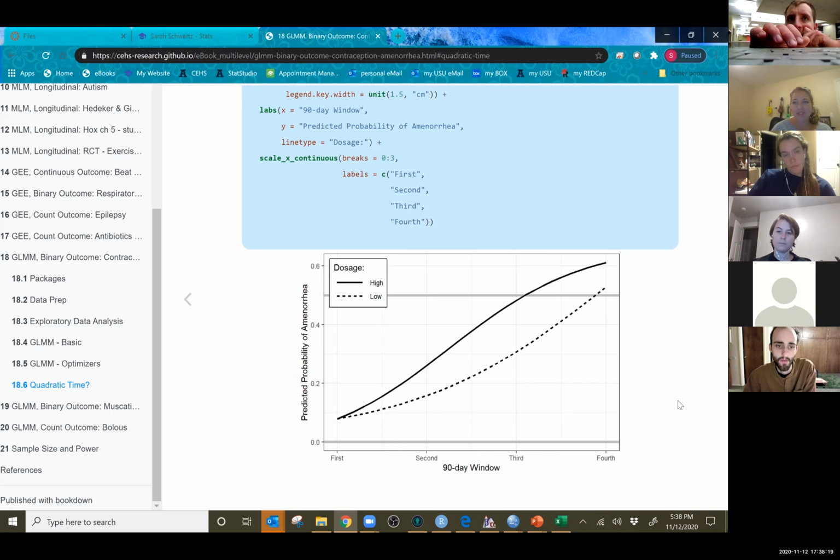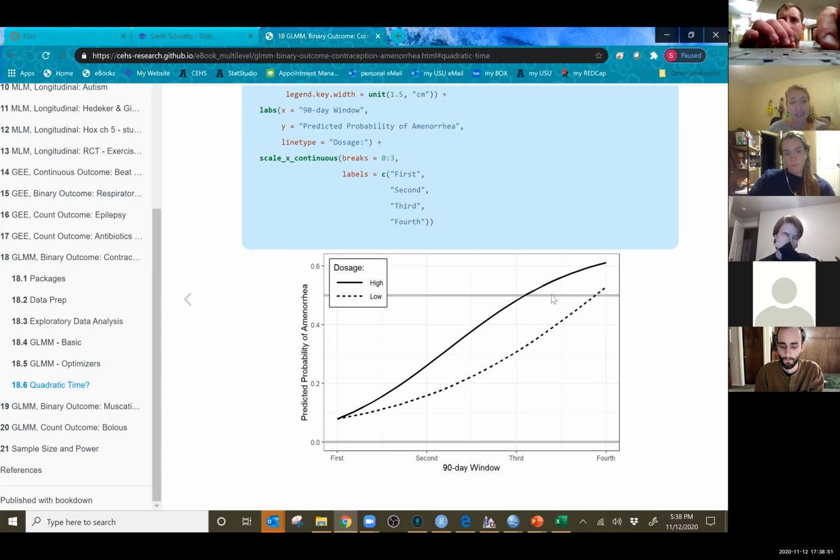From what I remember before, you see an interesting sort of split in the middle there. I think that this dotted line, the low dose, is crossing the 50% threshold right before the last time point. But what it's done is this high group has risen more sharply at the beginning, and then it kind of plateaus a little bit. And so it's hitting the 50% line right after that third observation time point.